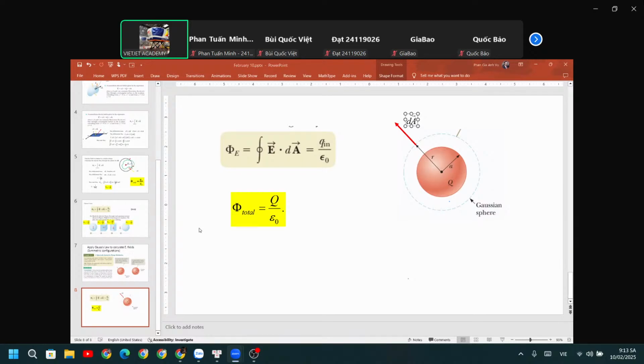The E vector at this position is radial, like this. It's easy if we have the point, right? But now we have the sphere, but we still have the electric field like this. Okay? Number 3, please.